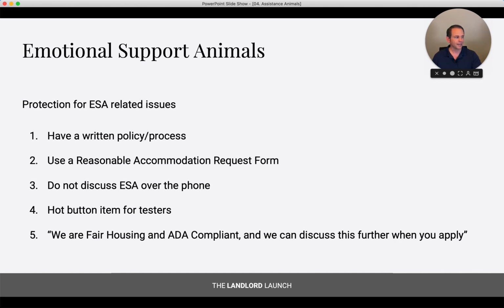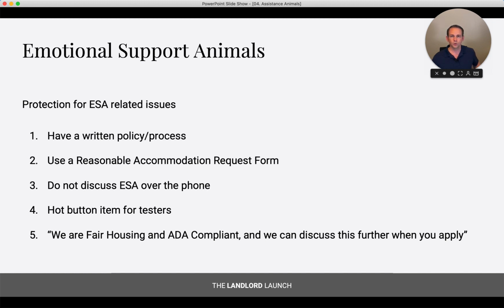I don't have it on me, but about a week before this recording, I saw a sponsored Facebook ad where a fair housing organization somewhere was looking for testers of all sexes and colors and religions and familial status. They were looking for all kinds of people, because that's what they do.